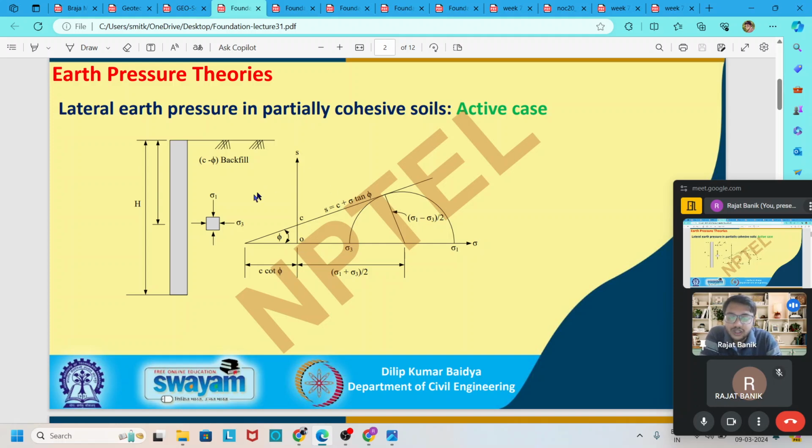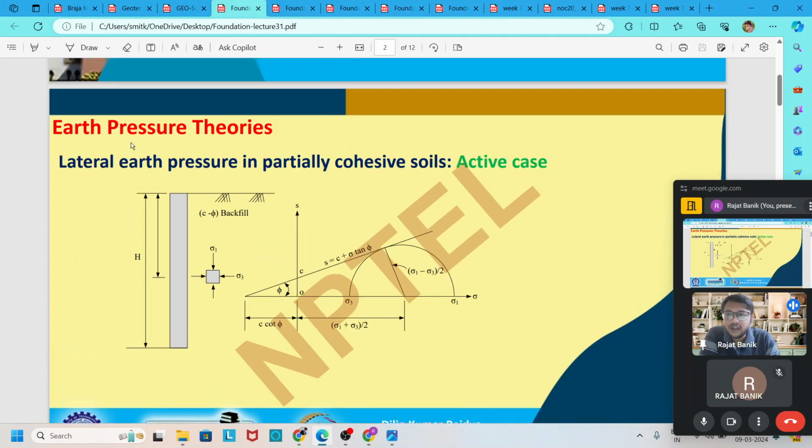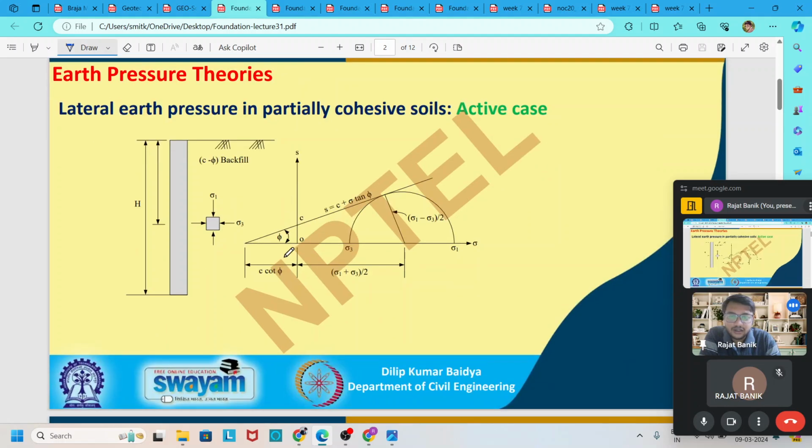So you see that in c-phi soil, there is always cohesion present. If we plot the Mohr circle diagram, it should be drawn like this.